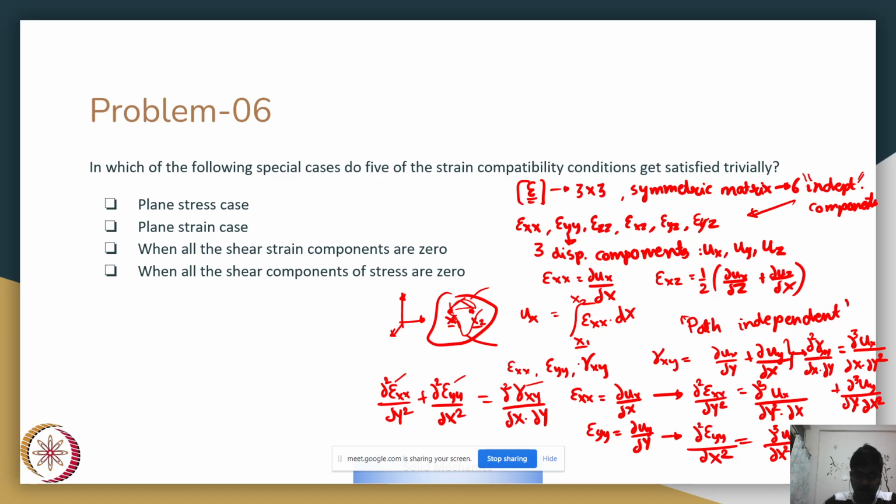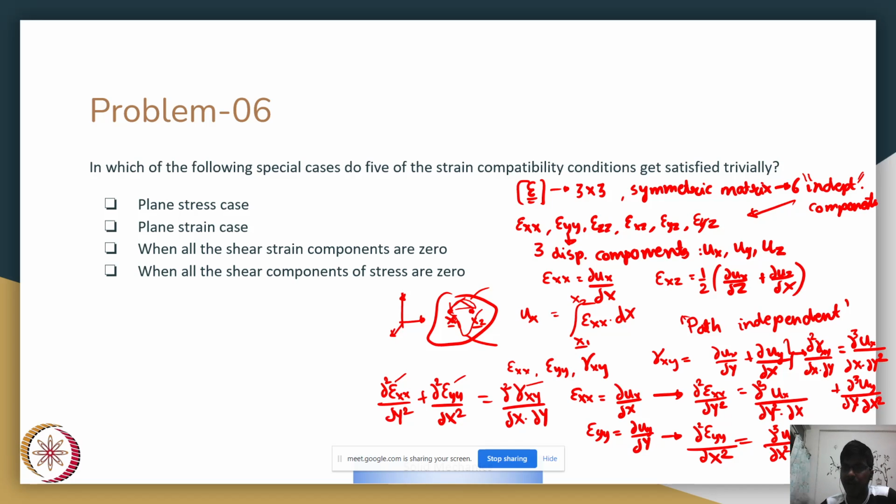So, sir, from this we cannot say that those six components are independent. Right, you can have six functions for all of these six components, but they need to be such that in the end you end up with only three independent displacement components ux, uy and uz.